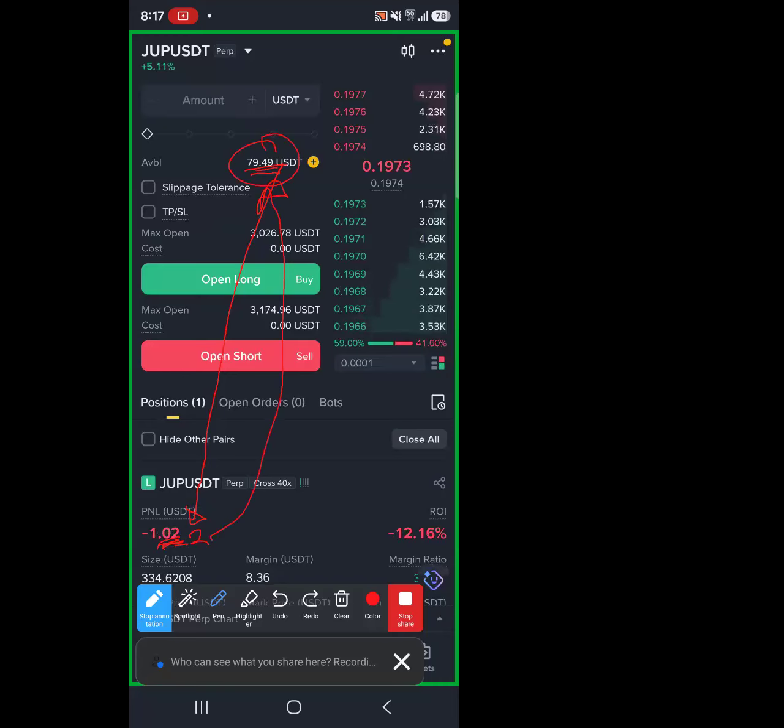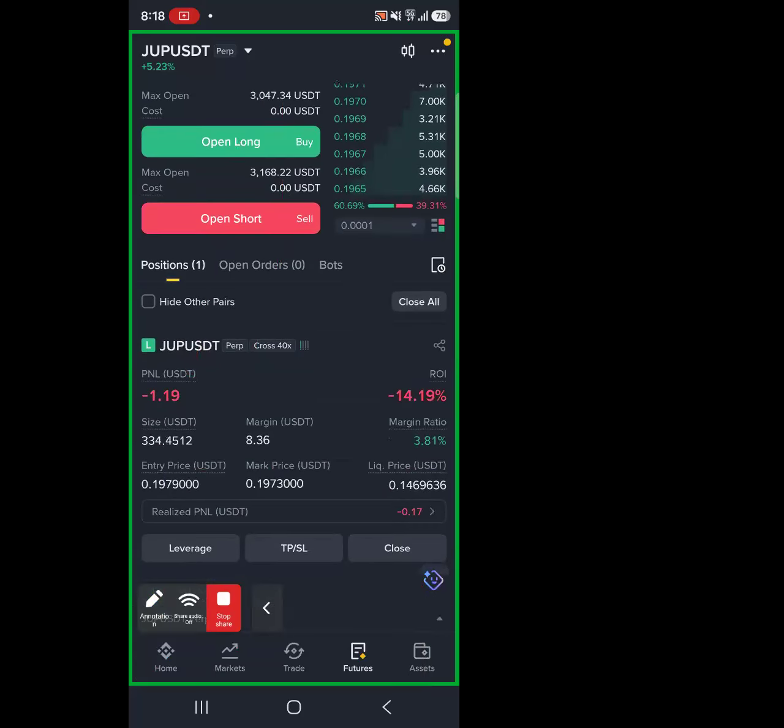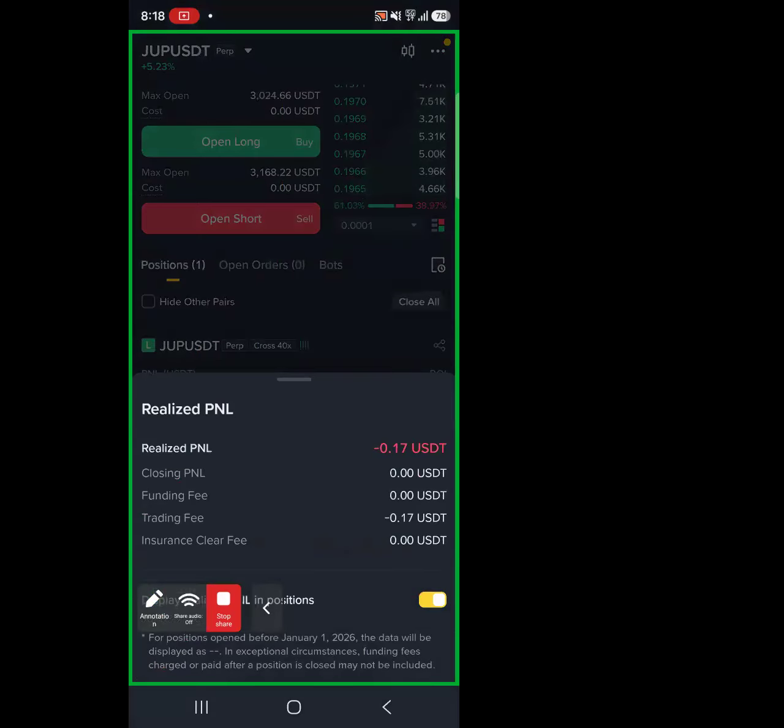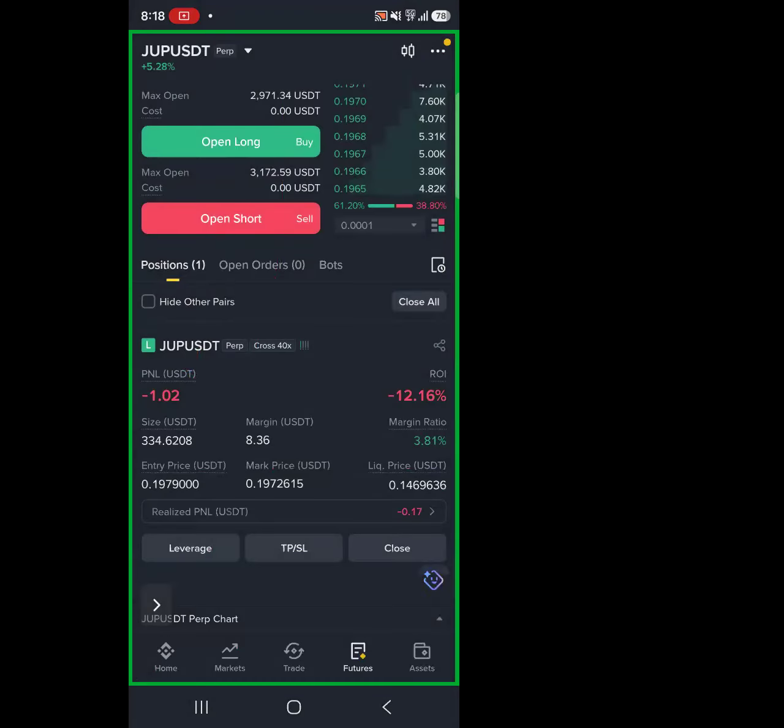That's why even when we are starting up a trade, what we'll be seeing here keeps on fluctuating. It may not actually reflect exactly how it was at the beginning, because of the fluctuations. So that is how you set up your trade.